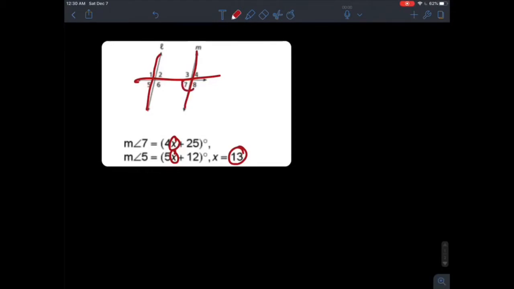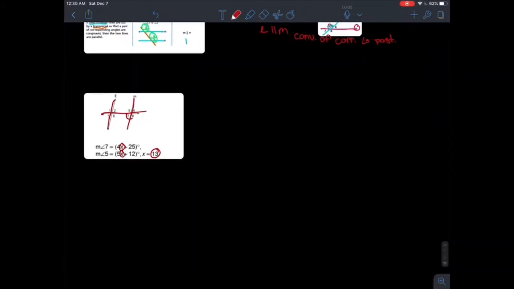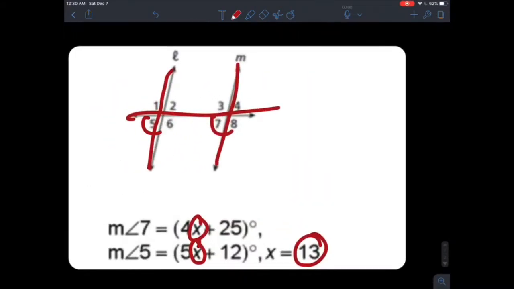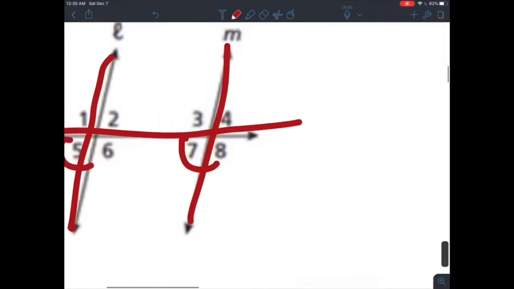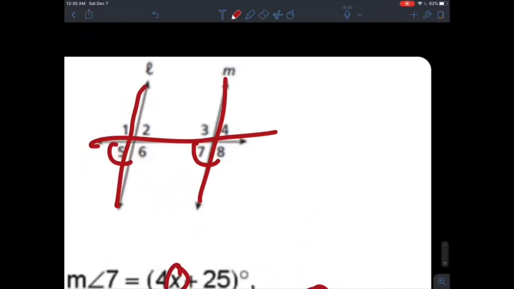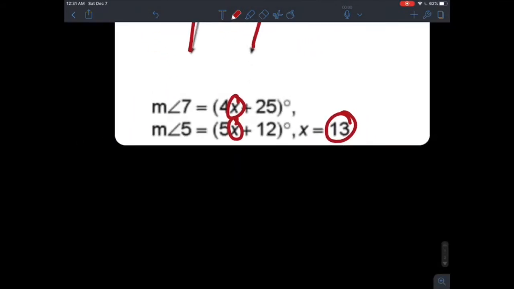So here will be our corresponding angles, these two. We already know, since they're corresponding angles, they're congruent, but they gave us a problem here where we have to plug 13 into 4x plus 25 and 5x plus 12.